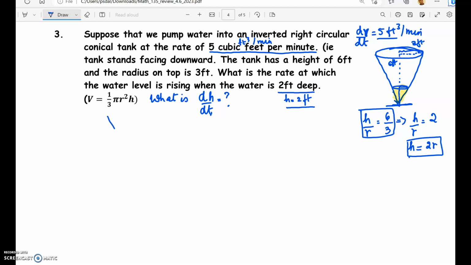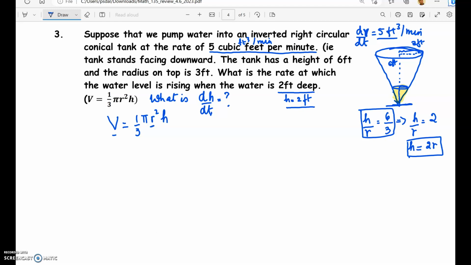So let's look at this equation. V is equal to 1/3 pi r squared h. Notice that as the water level increases, the volume of water in the conical tank is also changing, right? So that's a variable.